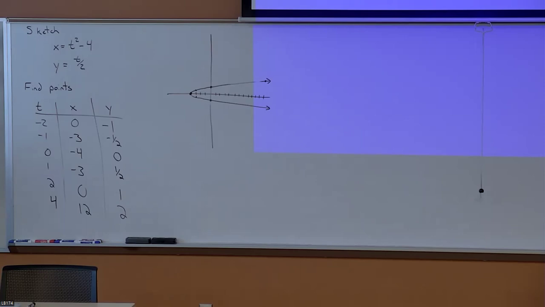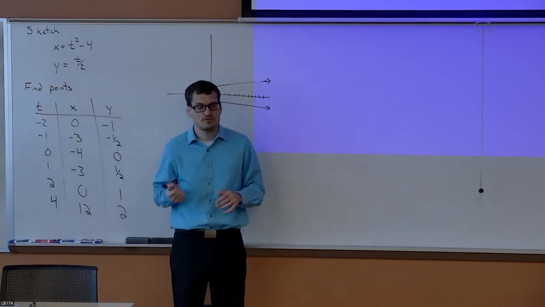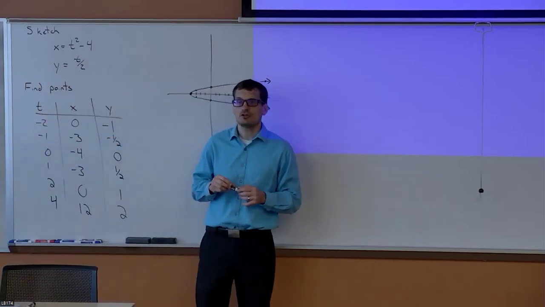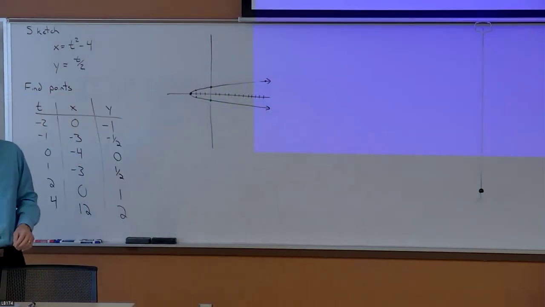We see the pattern and we can connect the dots. Now, that's a fairly long process for sketching a curve. It turns out that we can sketch the curve in other ways too, using technology.